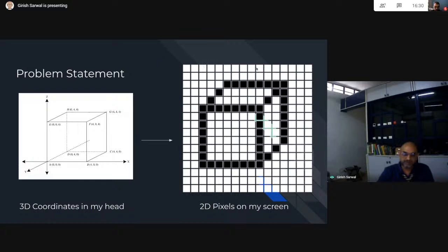Imagine if you had bulbs laid out like this, you could easily draw a cube by lighting them or turning them off. So our primary responsibility as developers is to convert this set of coordinates into these 2D pixels that we can light up.